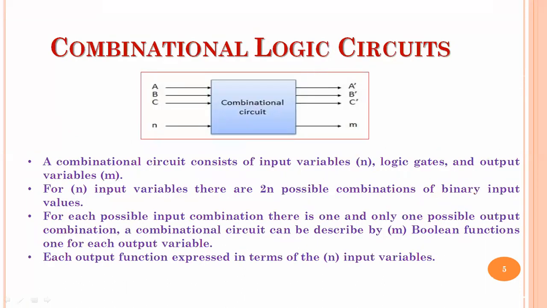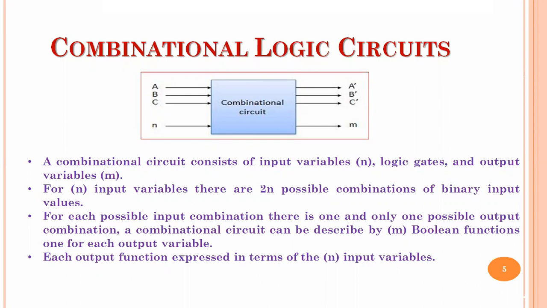A combinational logical circuit basically consists of input variables, logic gates, and output variables. For n input variables, we have 2 raised to power n possible combinations of binary input, which we already discussed in the encoders. For each possible input combination, there is one and only one possible output combination. Also the combinational circuit can be described by Boolean functions for each output variable.